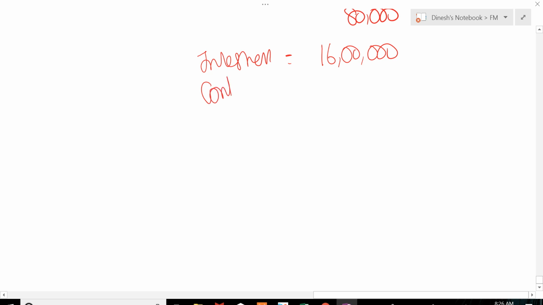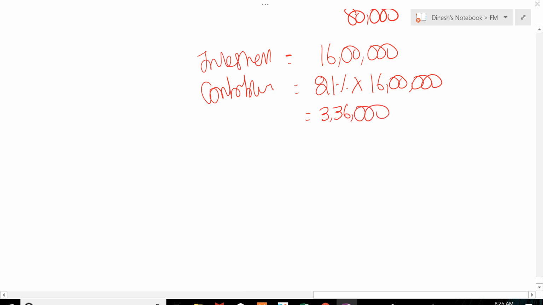Contribution is equal to 21% of 16 lakhs. This is 3,36,000.